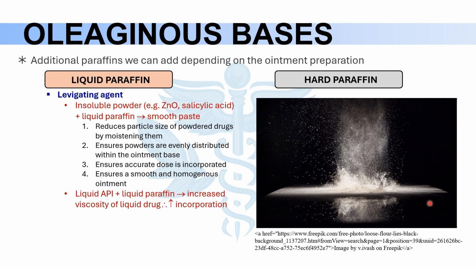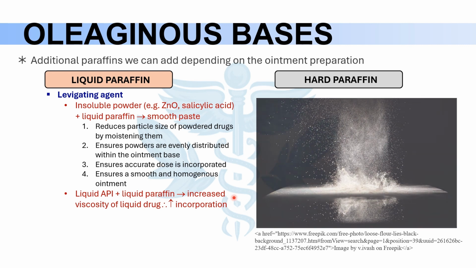So, in order to prevent this from happening, we need to levigate the powder first and then incorporate it into our base. If our drug is a liquid, we need to add liquid paraffin in order to increase its viscosity so that it can be more easily incorporated into the ointment base.